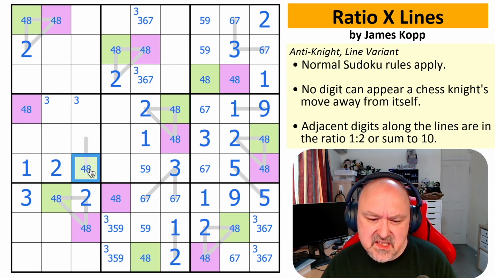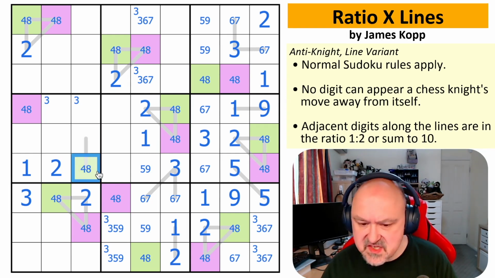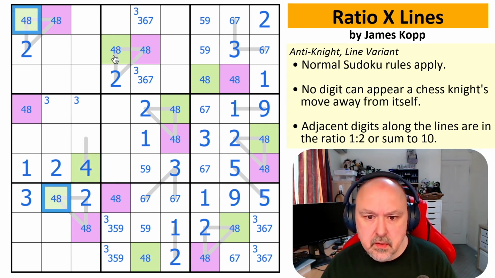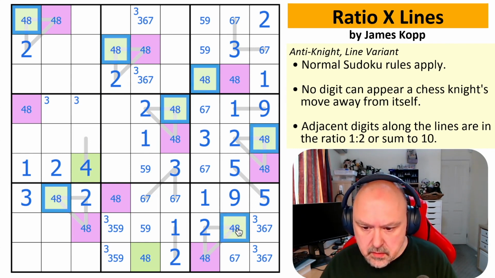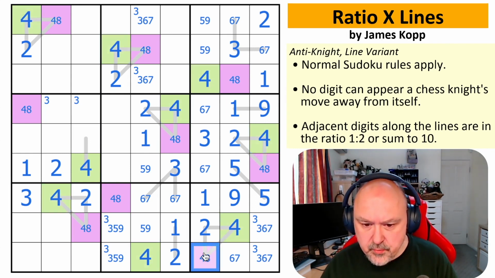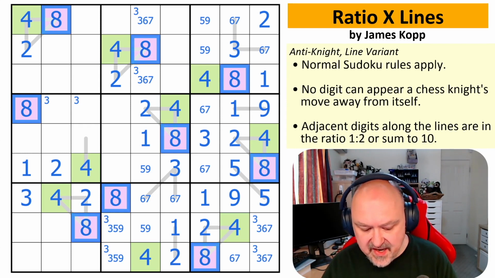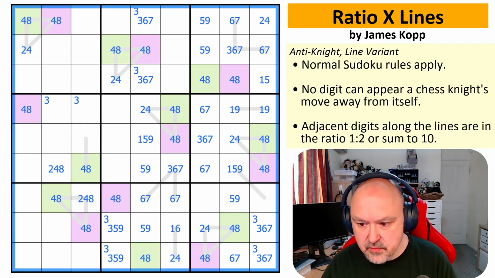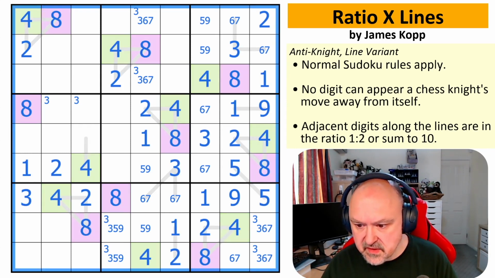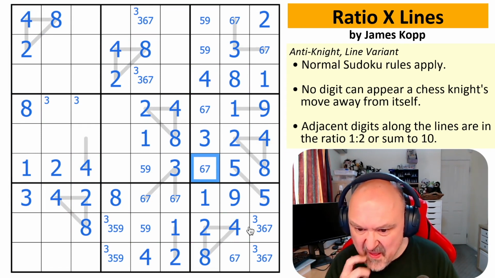How does this 8? 8 is only in a relationship with 2 and 4, and it can't be either of them. This is 4. Green is 4. Purple is 8. And now I can definitely get rid of all the colours. Okay.